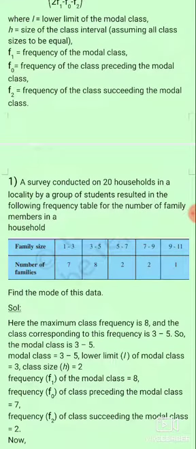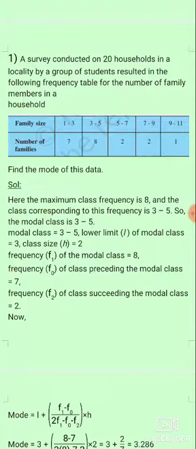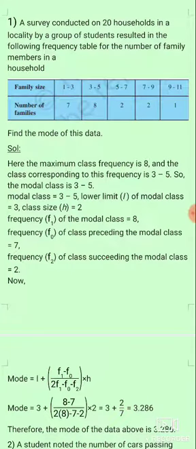So 3 is the lower limit of the modal class, L. Then L plus (f1 minus f0) by (2f1 minus f0 minus f2). f1 is the frequency of the modal class, that is 8. f0 is the frequency preceding the modal class, that is 7.